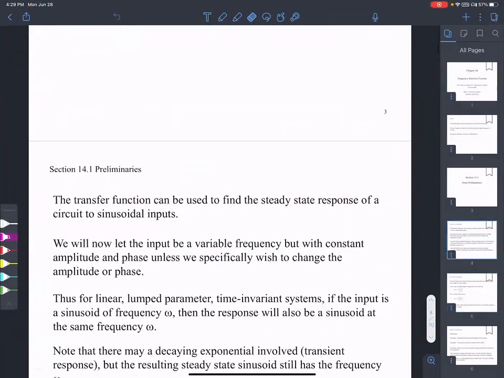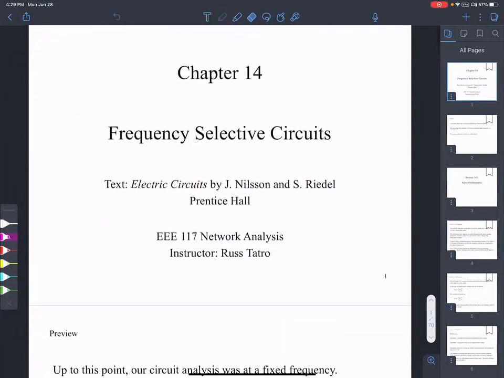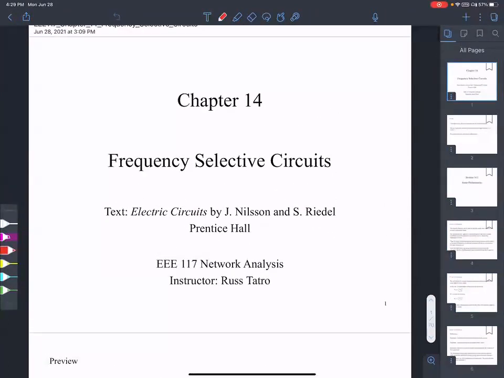So for frequency selective circuits, there are four types: high pass, low pass, band pass, band reject, or band stop.